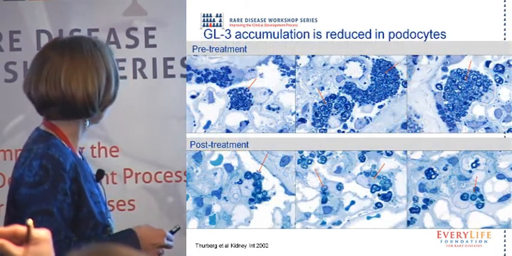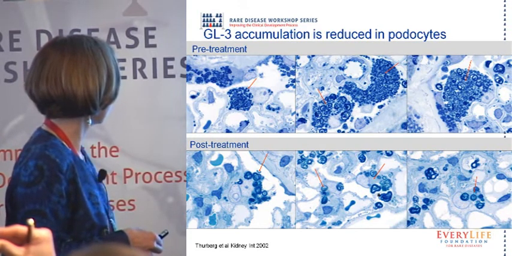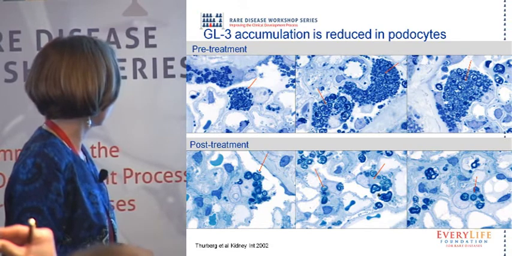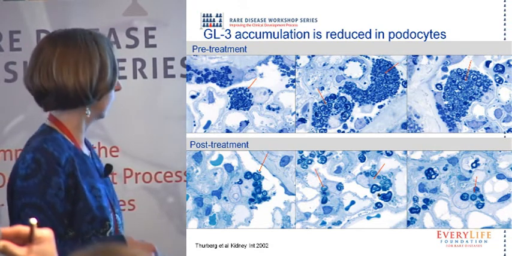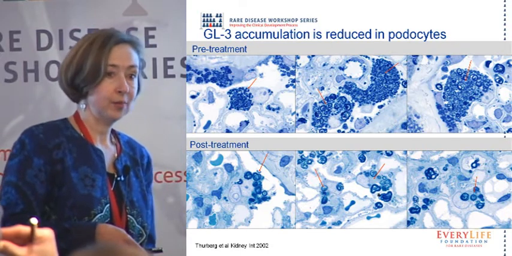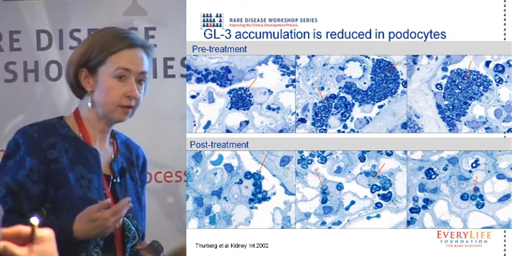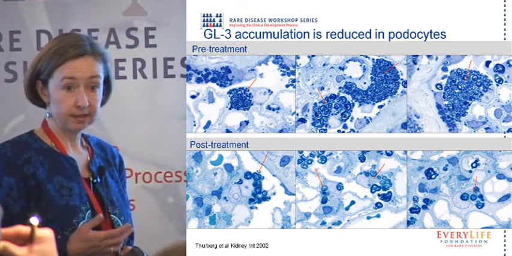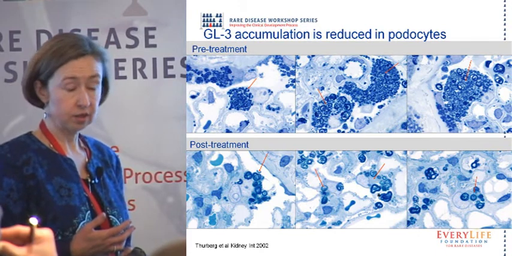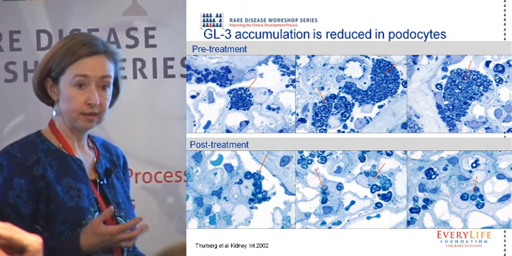And the podocytes, of course, represent a particular challenge for these patients. We did see a reduction in the podocytes, although not complete clearance at the 12-month time point. But one has to think about the difference between podocytes and some of these other cell types that we've looked at. Podocytes are a terminally differentiated cell by and large. Endothelial cells, by contrast, turn over about every 100 days or so.